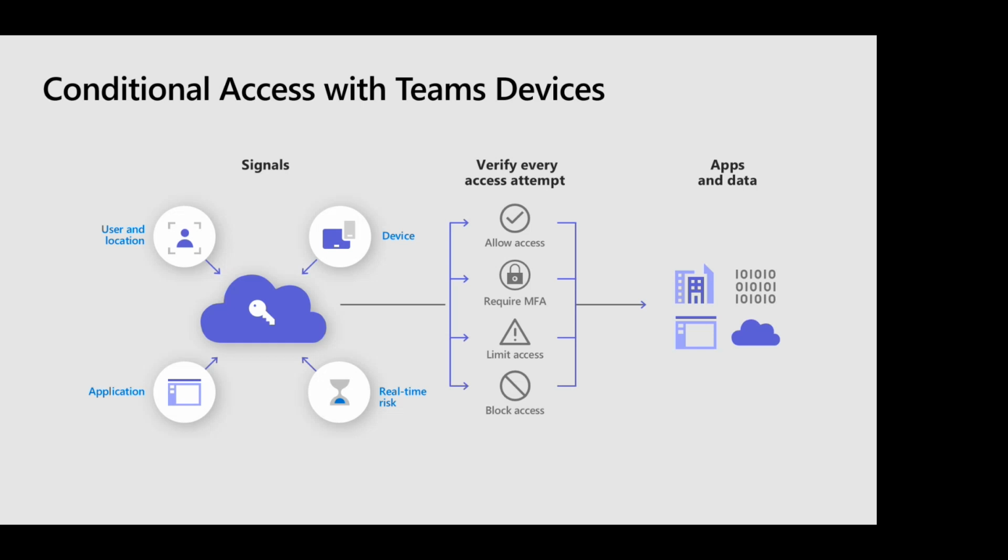For a shared device like an MTR to gain access, we can look at other signals like which IP address the device is coming from, like we talked about. Is it a trusted location, like we talked about? It's all defined by configurable policies, and that's why it's so important to have a naming convention for your resource accounts to help you differentiate and target the right policies to the right users and devices.